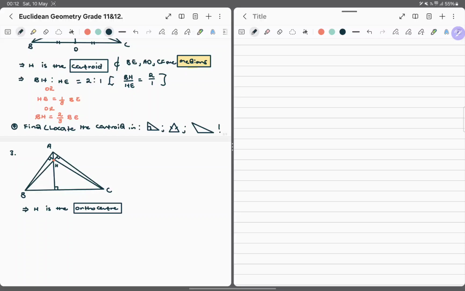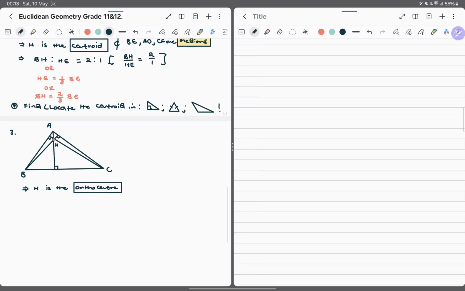Basically, an orthocenter is the point of concurrency of the altitudes of a triangle. Now, this is an acute angled triangle, which can be anything. Could be isosceles, scalene, whatever. We don't care. But now I would challenge you guys to specifically attempt to locate this orthocenter.